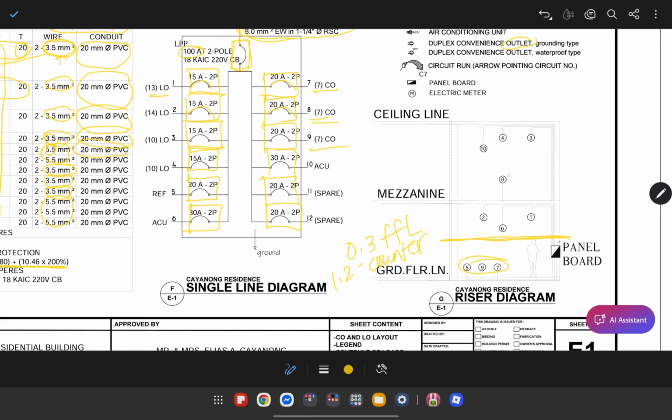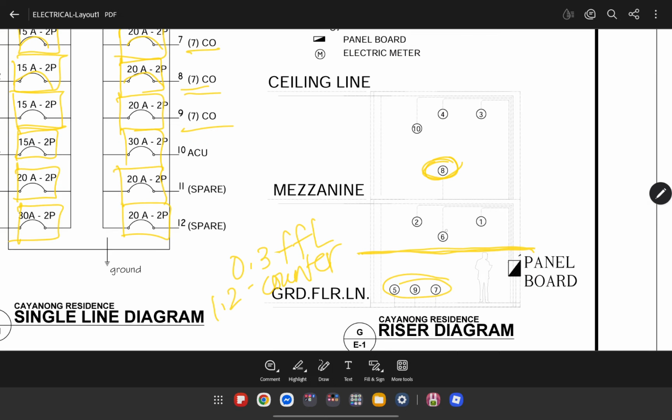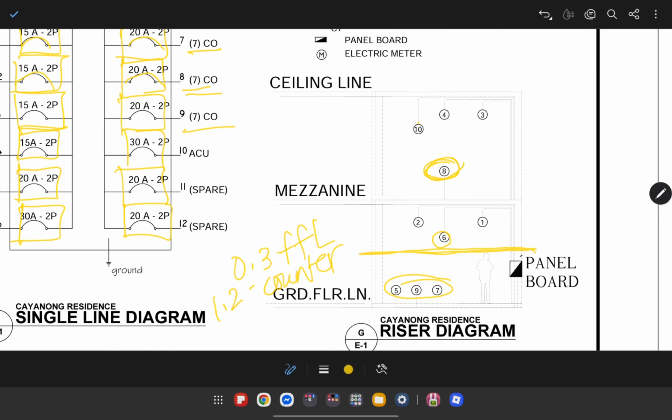Same is true for circuit number 8. Since it is a convenience outlet, it's also located at the lower half of the second floor, or the mezzanine. 6 and 10 on the other hand represent the outlet for the ACU, so it's located on the higher part, since we usually locate our aircon at a higher elevation.